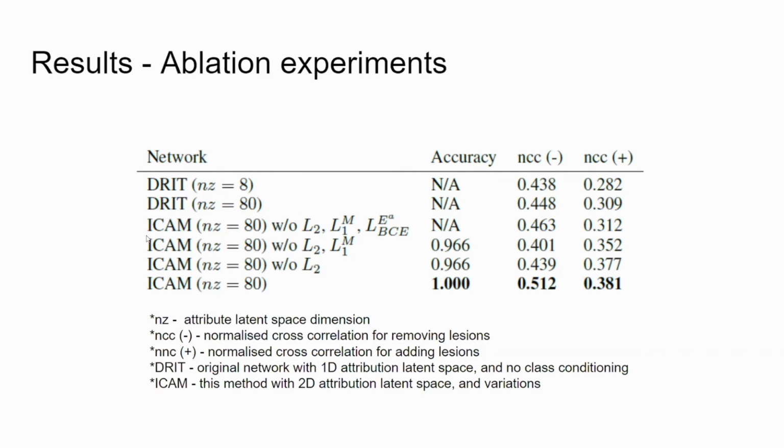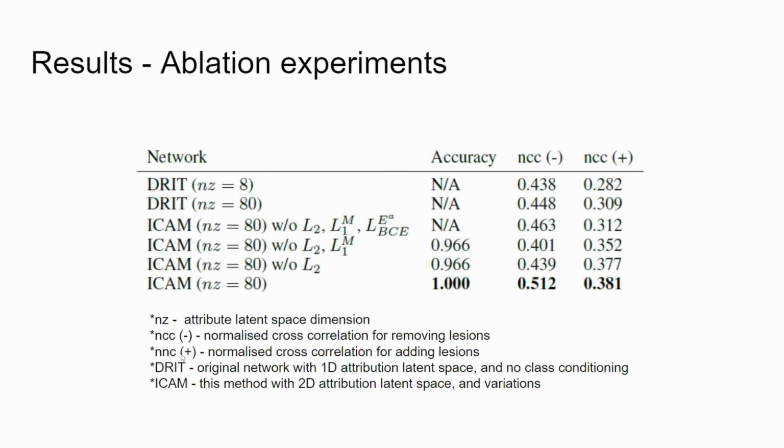And different components of ICAM, for example, with a classification module, the difference map loss and an L2 loss. What we compare is the normalized cross-correlation between the masked lesion and the visual attribution map.